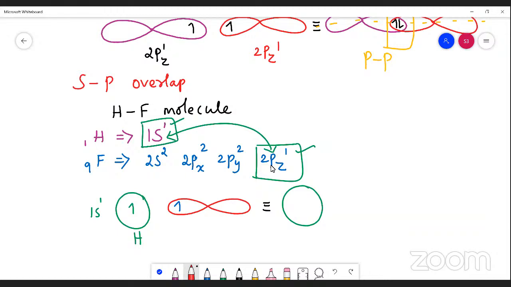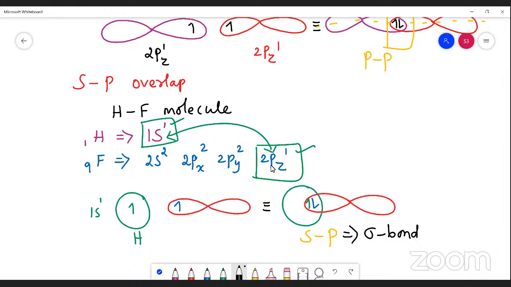The two electrons, one hydrogen electron and one fluorine electron, are designated like this. This is called the overlapping region, and this type of overlapping is SP overlapping. This SP overlapping leads to the formation of a sigma bond.